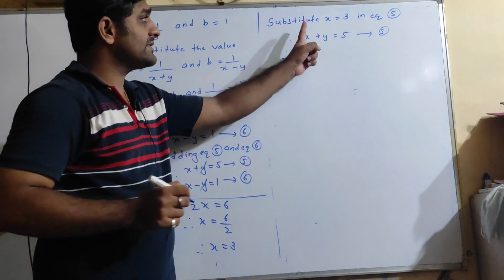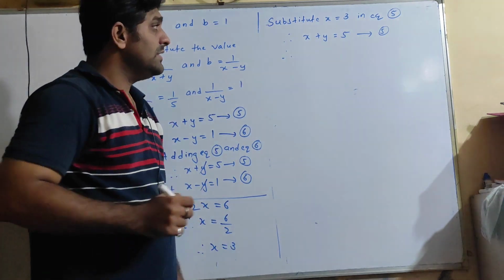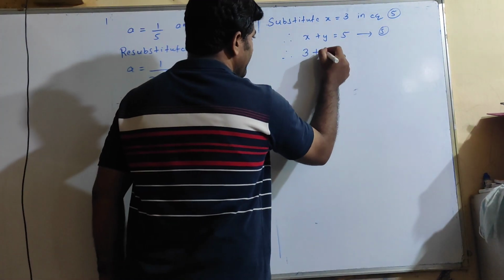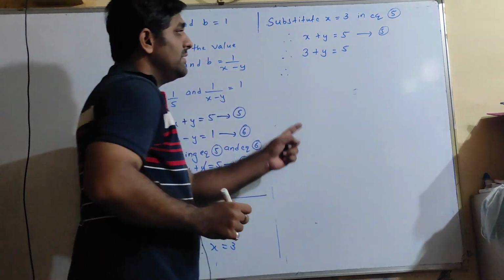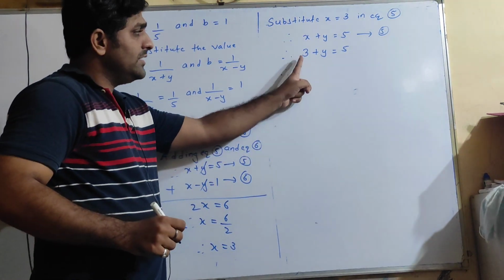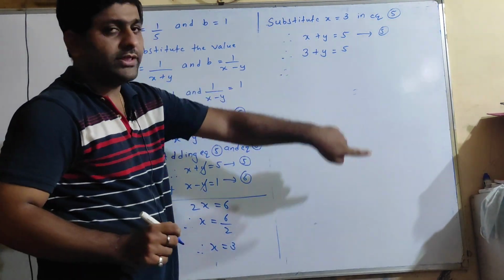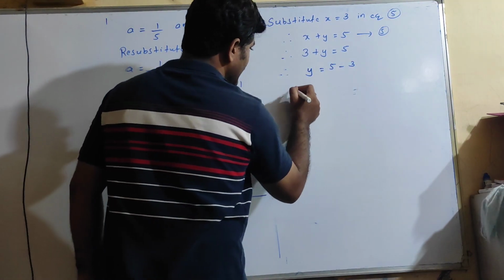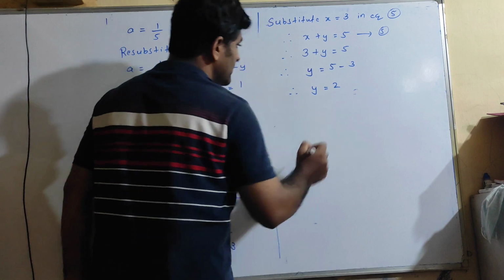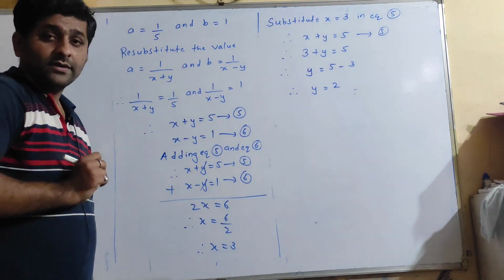In place of x we are going to substitute the value, that is 3 plus y equals 5. Now very simple students, we'll take numbers on the other side. So plus 3 goes on the other side becomes minus, so y is equal to 5 minus 3 and y is 2. Correct students?